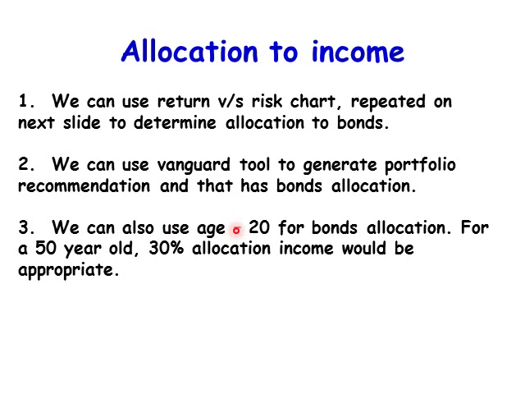Okay, you can also use a rule of thumb, age minus 20, for bonds allocation. For a 50-year-old, allocation to bonds would be 30%, and that's an appropriate age-based allocation. It used to be for a 50-year-old, 50% allocation to income was considered appropriate. Now we live longer, and as such, a lower allocation to income is considered appropriate.